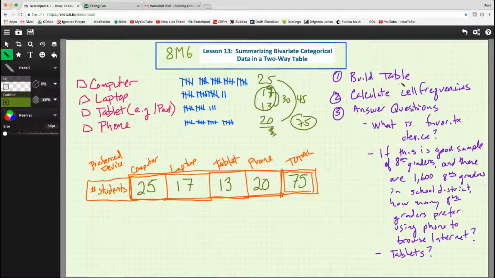Okay, so we've built our table. Now what we want to do is calculate what we call our cell frequency. And a cell frequency is the cell value divided by the total. And then you write that as a percentage.